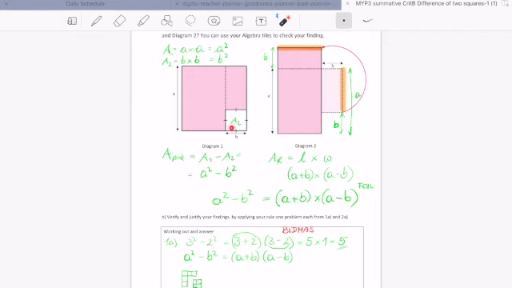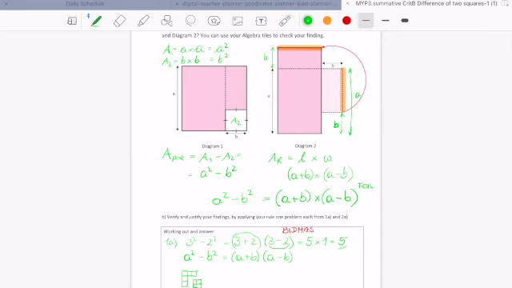Now, if this square is this square down here, then this little rectangle must be the same as this rectangle here. And therefore, I can redraw this one, shifting the rectangle from here to here. This rectangle is going here.